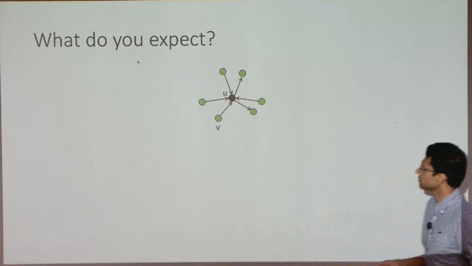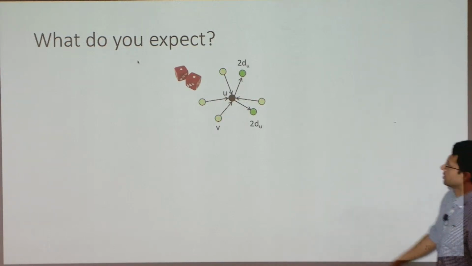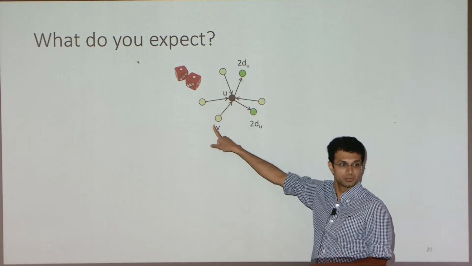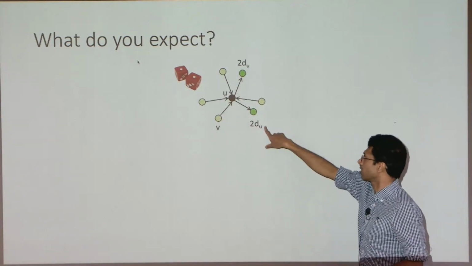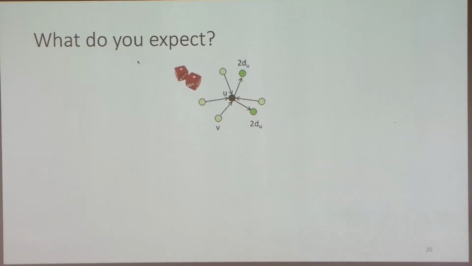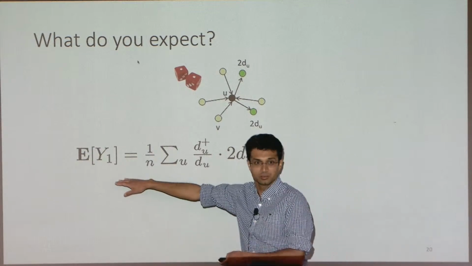Okay, so now what does this random variable actually do? For the ones that are pointing inwards, you get a contribution of 0. And for the ones that are pointing outwards, you get a contribution of 2 times du.